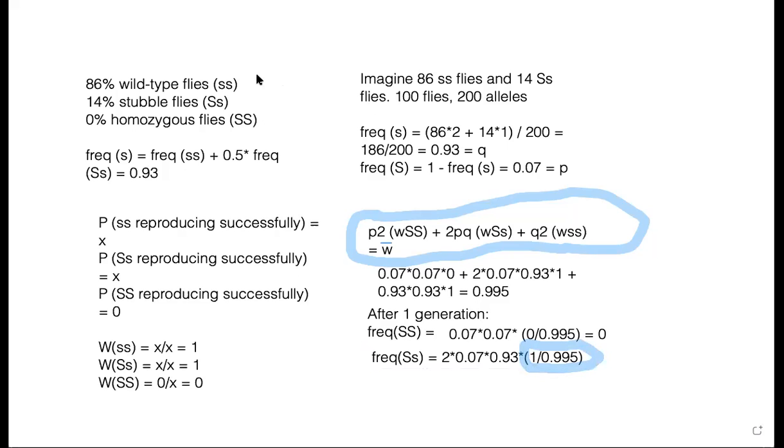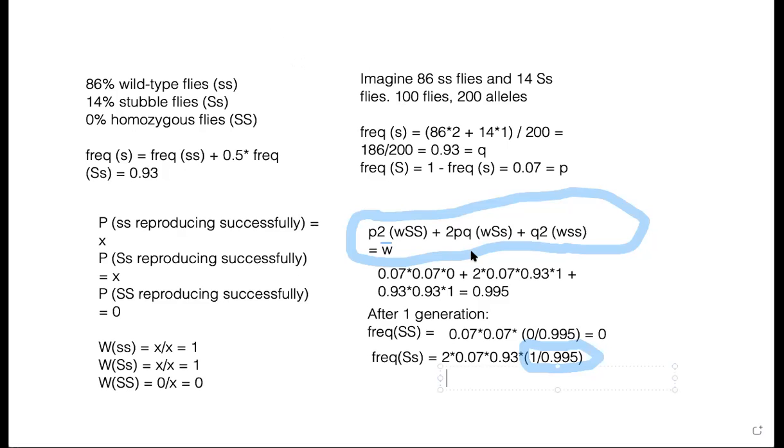If it's greater than 1, then the frequency of that genotype is going to be higher than it would be in the absence of selection. And if it's less than 1, the genotype frequency will be less than what it would be if there wasn't any selection going on.